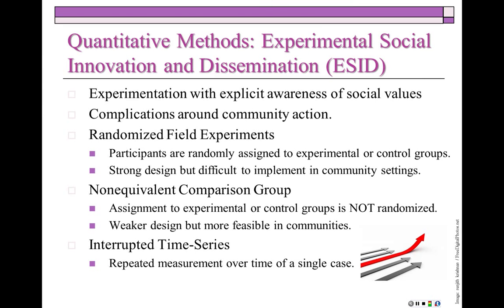I can imagine that homeless shelter going, well, that's not fair, right? You're not giving a fair amount of money to two different groups of people, and we need to make it fair. And that's usually the big issue with experimentation in a community setting.